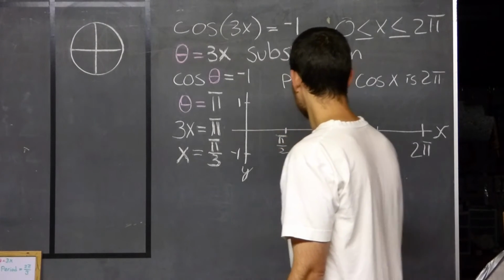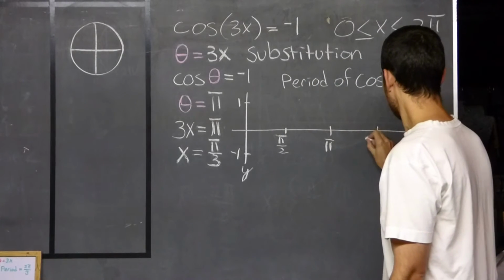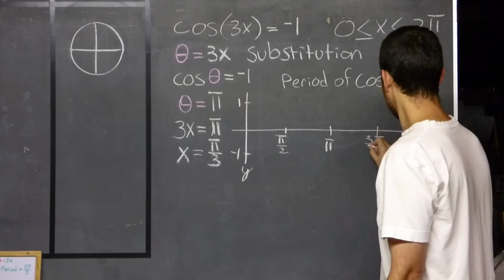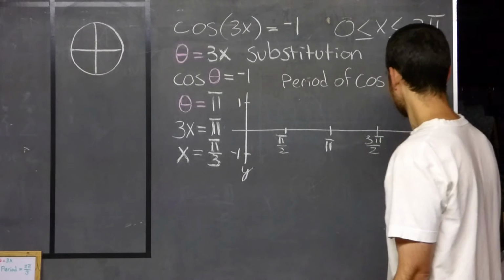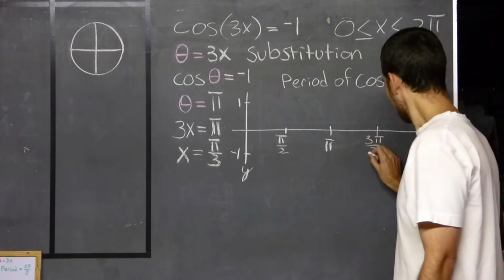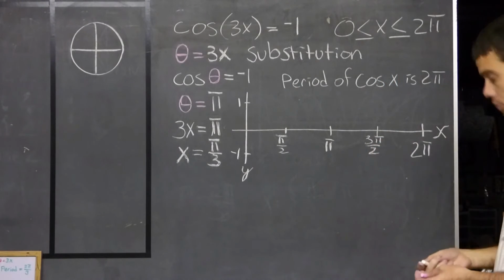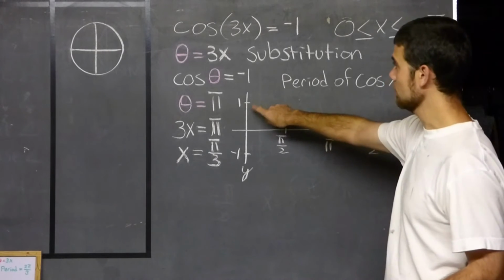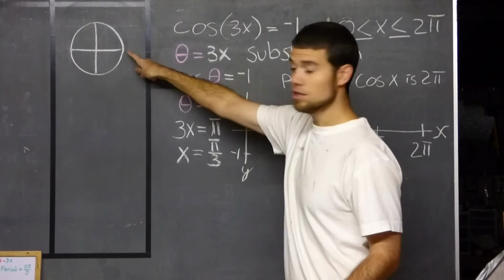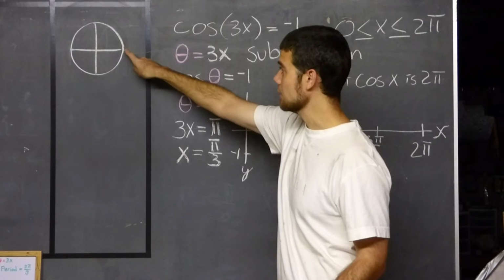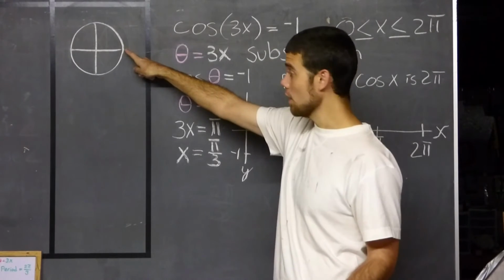Pi halves, 3 pi halves, and we know that the parent function at 0 degrees, the x-coordinate is 1.